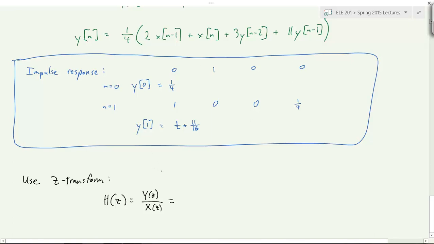So if I rewrite this in another way, I'm going to have 4y of n minus 11y of n minus 1 minus 3y of n minus 2 equals x of n plus 2x of n minus 1.